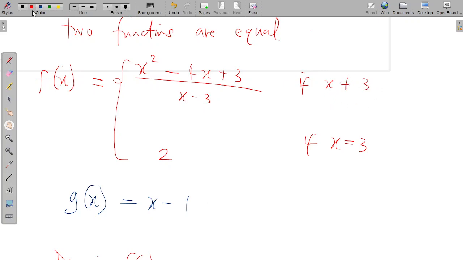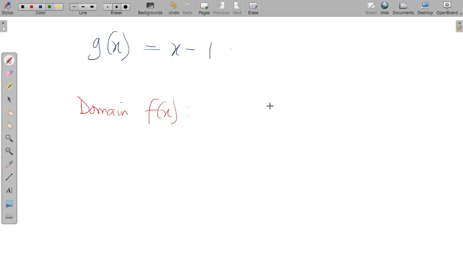So the domain of the upper one is minus infinity to 3 union 3 to positive infinity. The domain of the lower one is just x equals 3. If we combine these two together, what is the domain of f of x? This one is not defined at 3, but this one is defined at 3. So the domain of f of x is negative infinity to positive infinity, the whole of the real numbers.